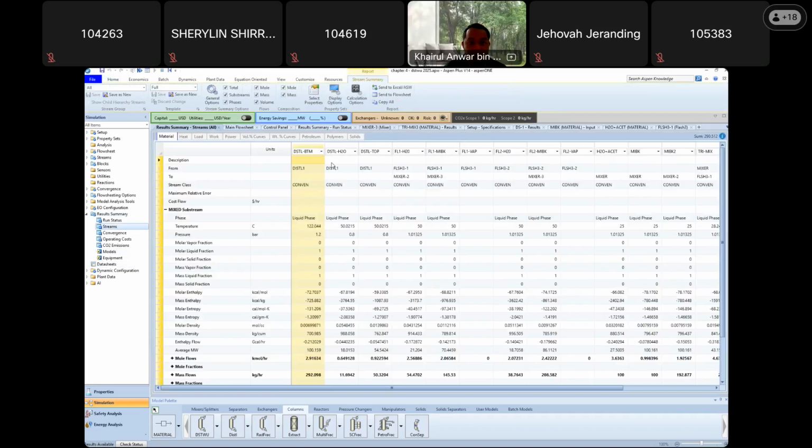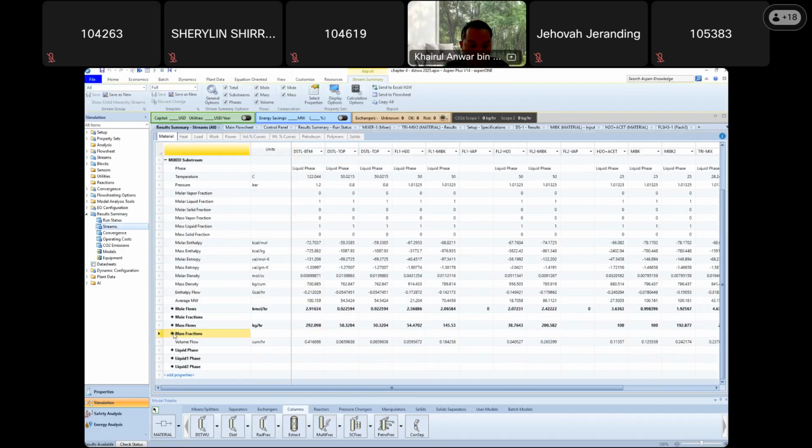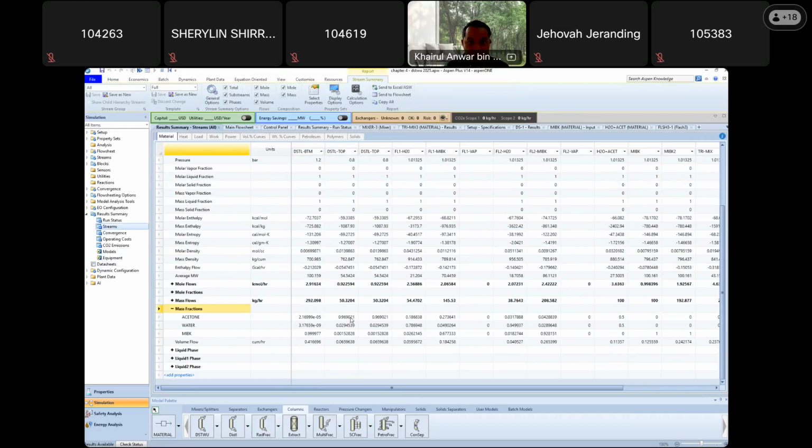Go to the stream. Distl top and distl bottom. Best fraction of acetone.